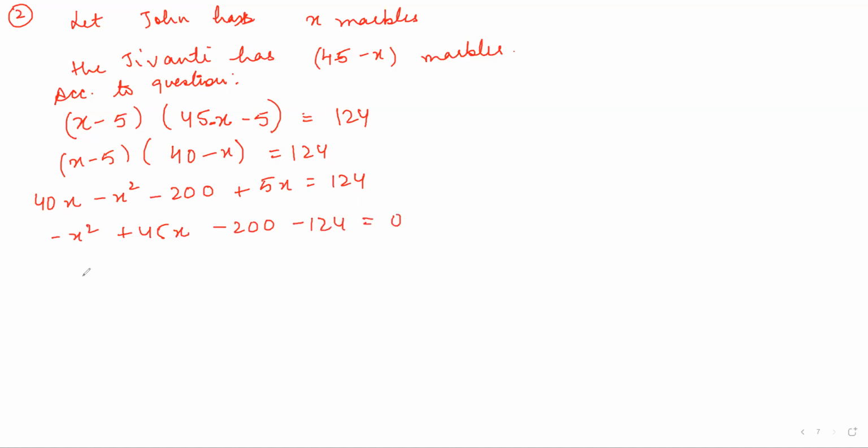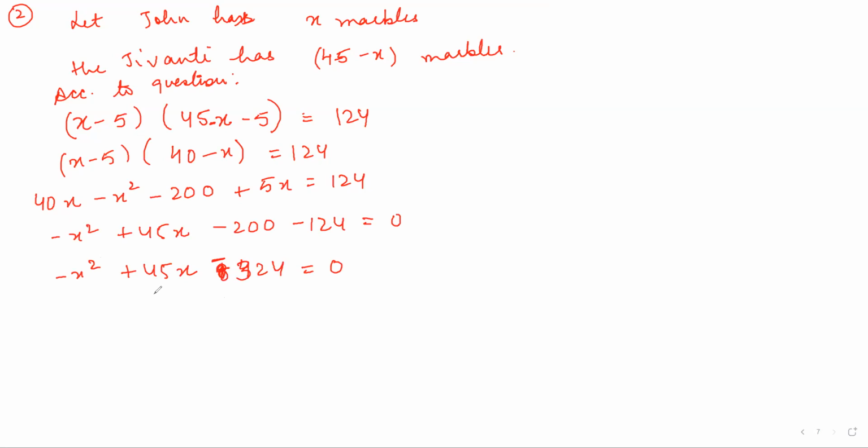So minus x square plus 45x, then minus 324 is equal to 0. Sorry, with a minus sign, both are minus.